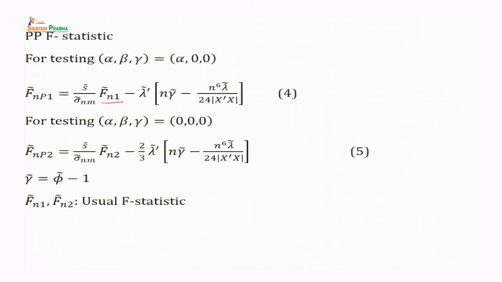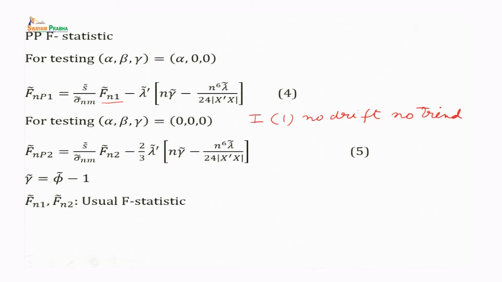And if you are interested in testing the hypothesis alpha, beta, gamma equal to 0, 0, 0, which means you are testing the significance of all the three coefficients, or you want to test the hypothesis that your model has no drift, no trend component, and it has a unit root, which means it is an I1 process with no drift, no trend.